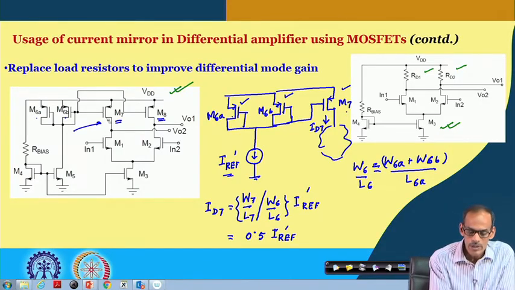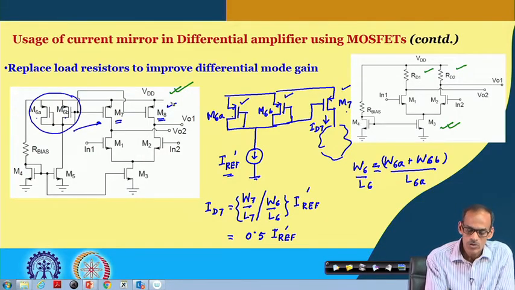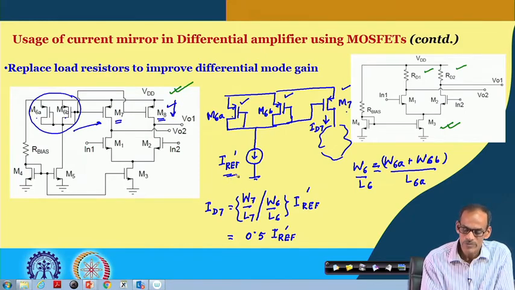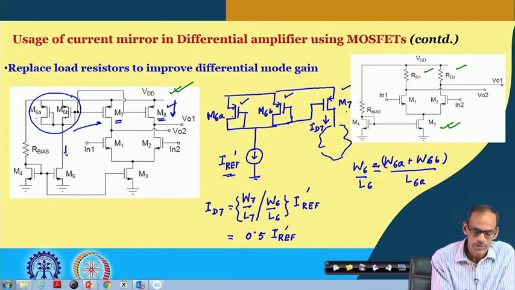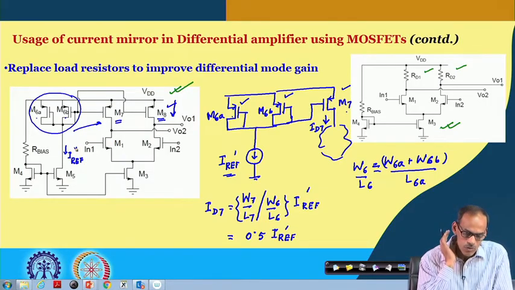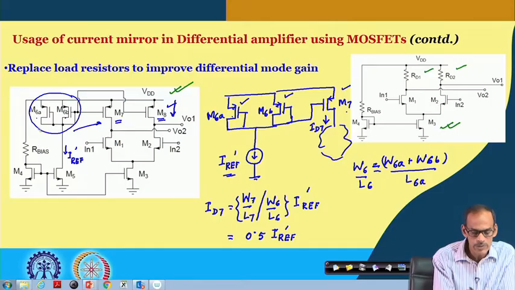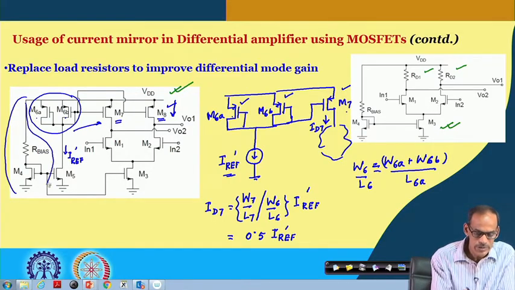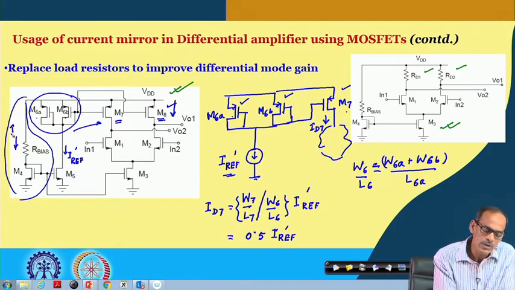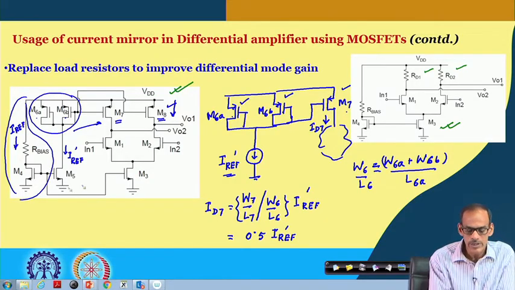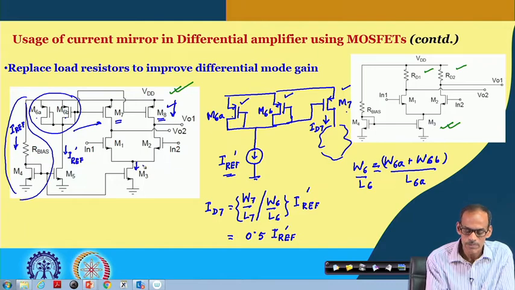Likewise, transistor 8 and M6 are forming a current mirror. So, the current flowing here is again half of this I reference dashed. Now, we have the reference circuit, which has its reference current, say I ref, and this reference current gets mirrored to transistor 3.